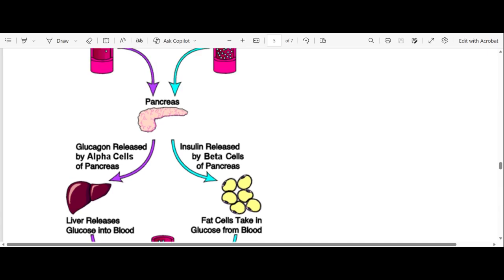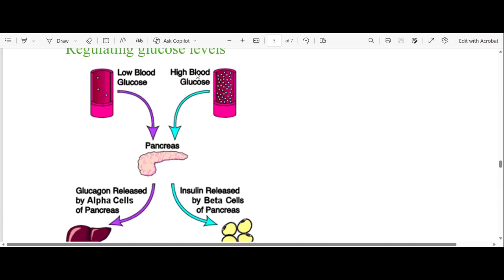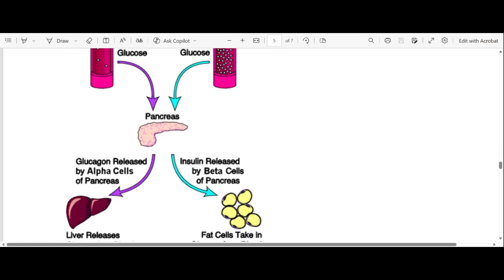Okay, now let's look at the case whereby your sugar levels are high. What happens when the sugar levels in the body are high? The islets of Langerhans in the pancreas are stimulated. They detect the imbalance. Thereafter, they release a hormone called insulin.